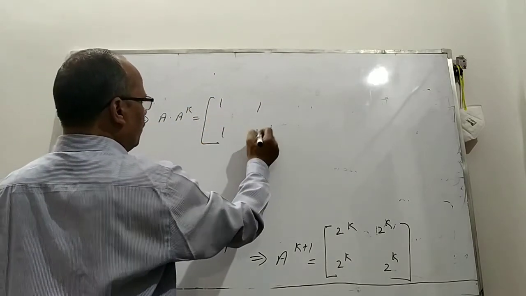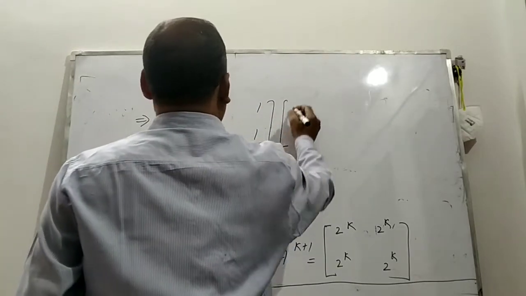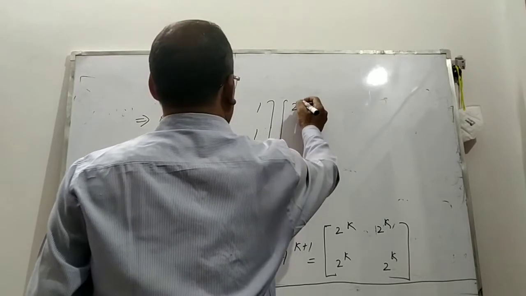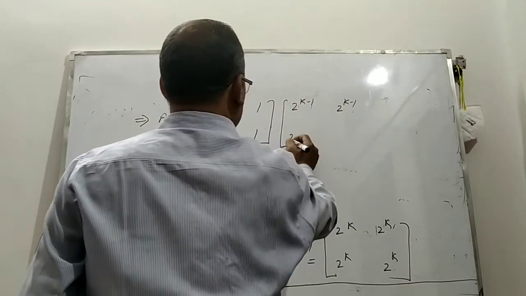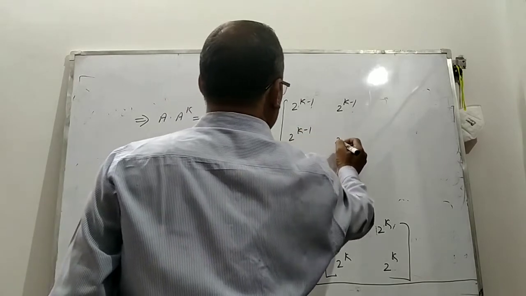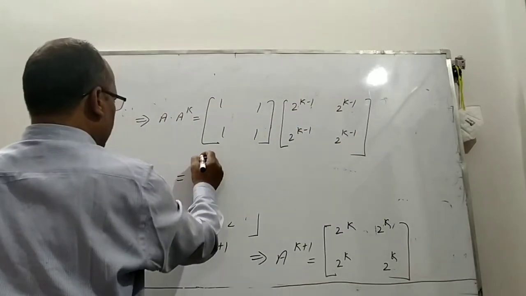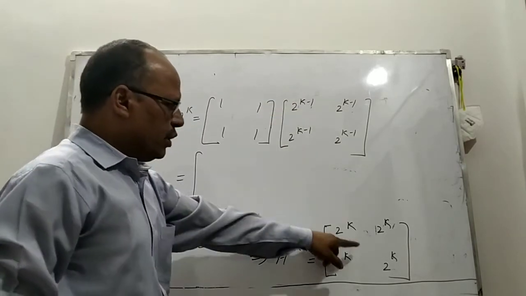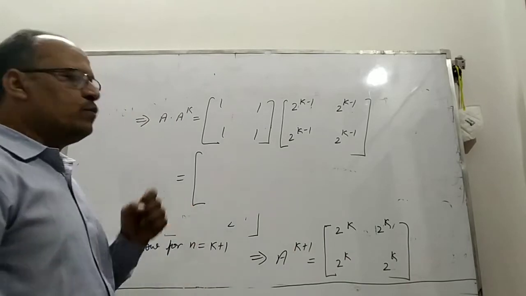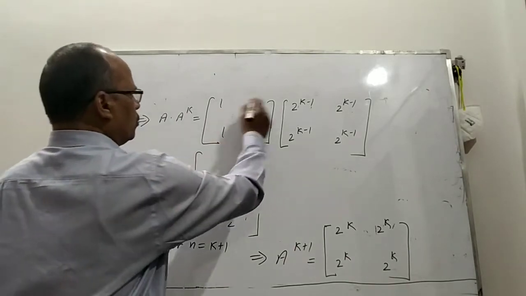It will be 2 raised to power k minus 1. Now you will multiply. If this multiplication comes equal to this, then a raised to power k plus 1 is also true.